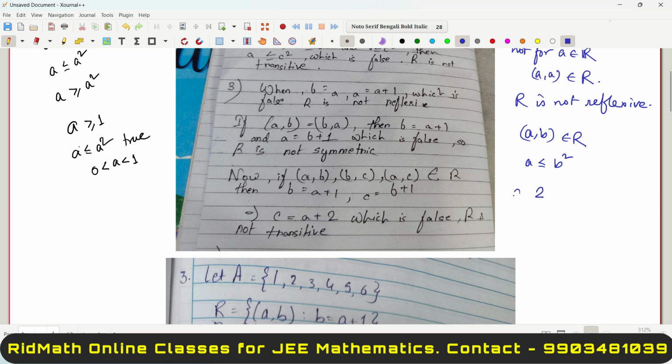Let us take a equal to 2 and b equal to 3, and check this. This may or may not imply that b is less than a square. I mean, b can be greater than a square.